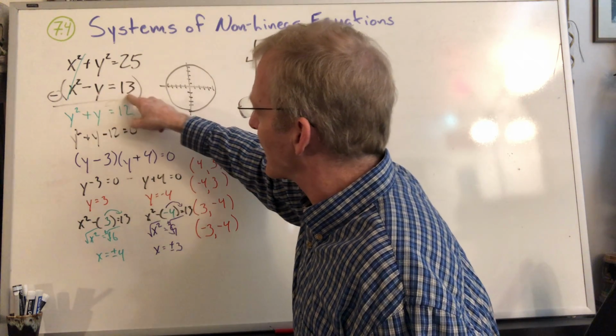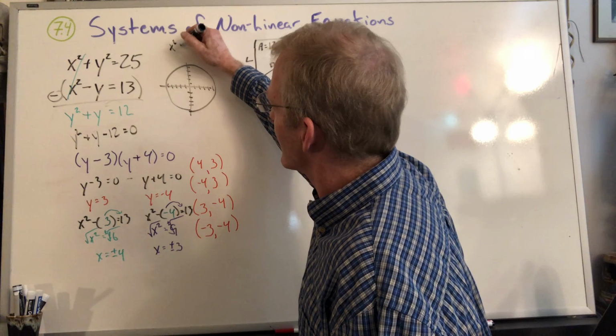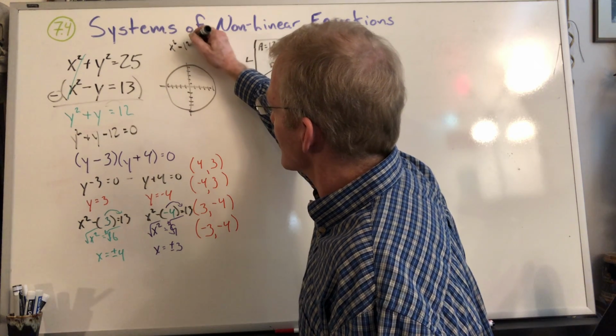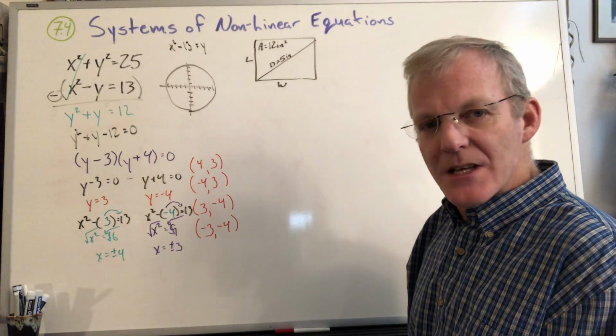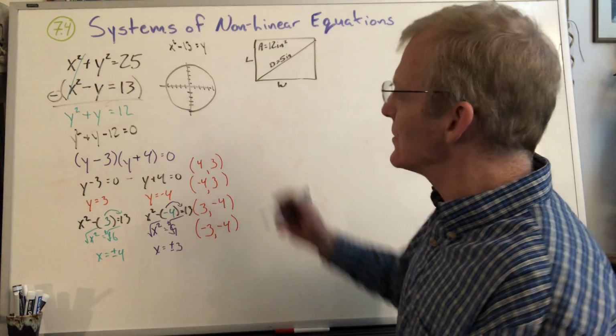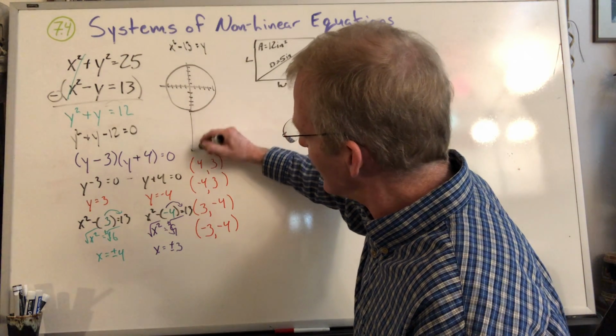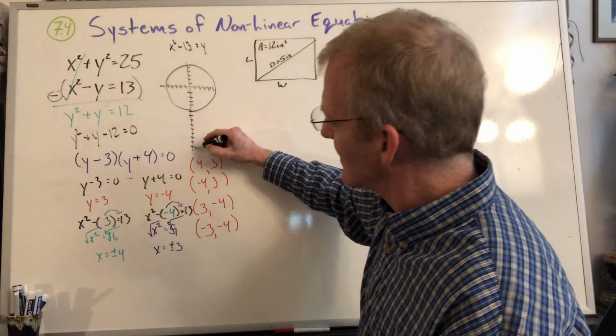But if we move the y over here and move the 13 there, we actually have x squared minus 13 equals y. So realize what that is. That's a parent parabola that's just moved down 13 units. So if that's 5, it's down here 6, 7, 8, 9, 10, 11, 12, 13.